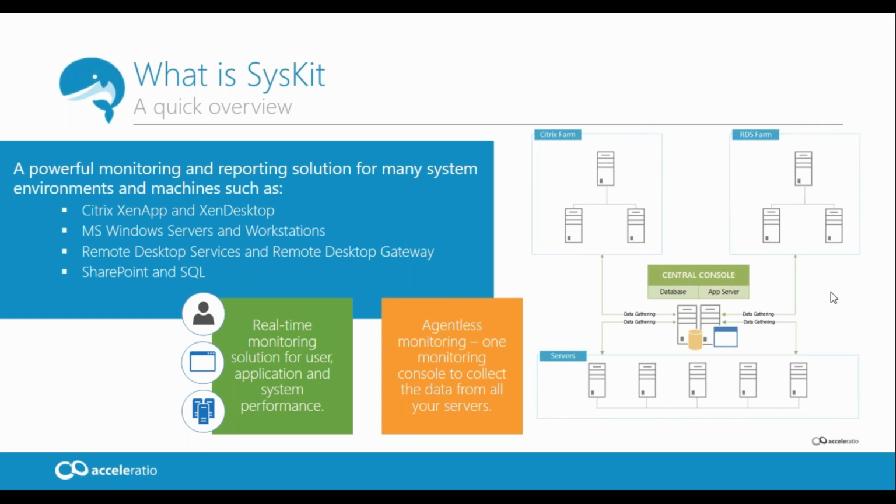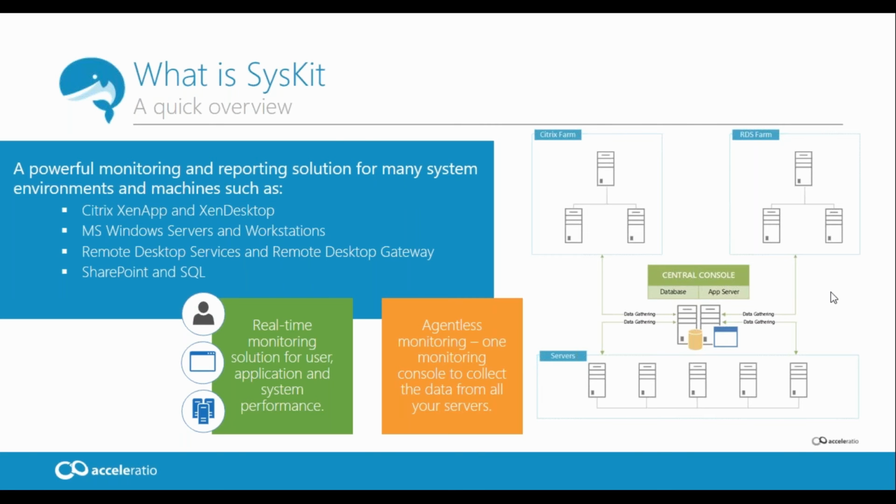It is also important to mention that SysKit is an agentless tool, meaning you can monitor your entire system using just one single console. And that means there is no need to install any agents anywhere else on the servers. There is also a SysKit web application available, and it enables you to monitor your servers from anywhere.